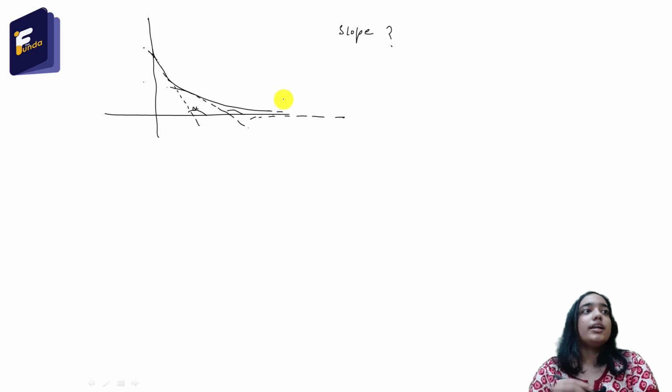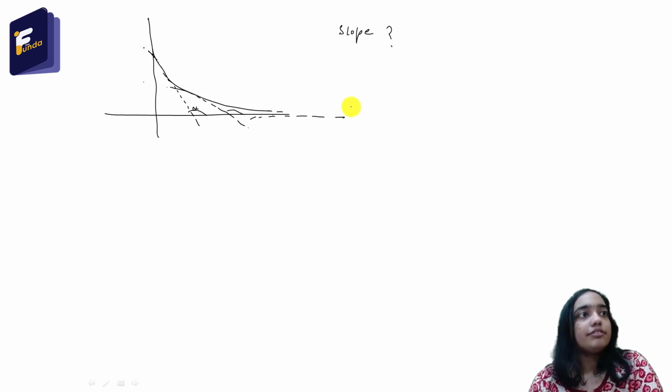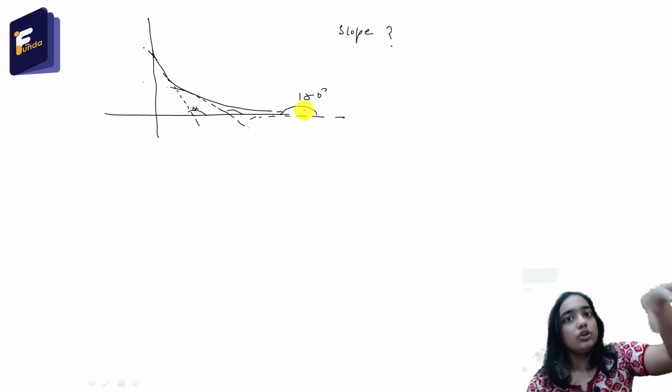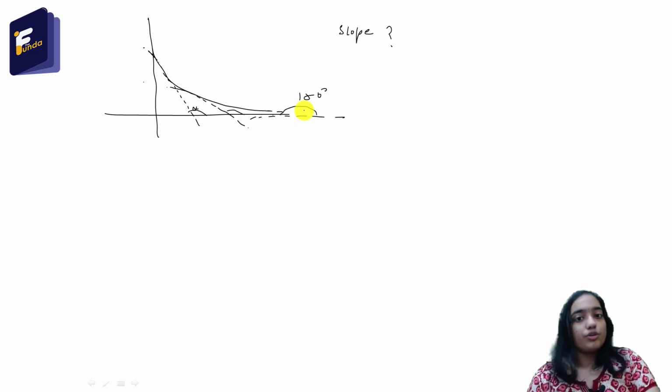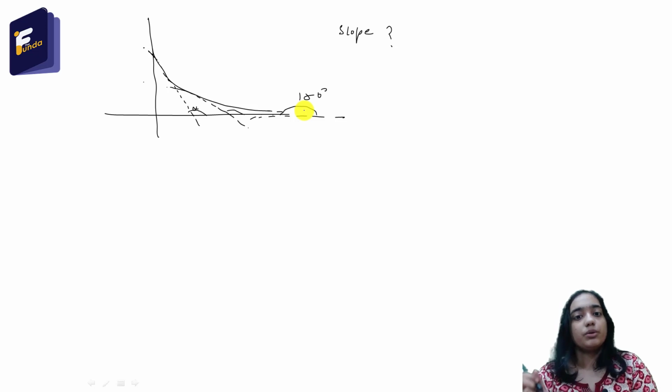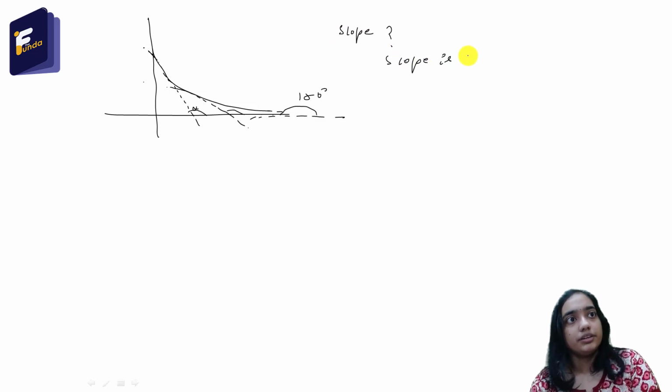Let's say it is 120 degrees, then it becomes 130 degrees, 140 degrees, and finally 180 degrees. That means the angle is moving from somewhere near 90 degrees towards 180 degrees. If the line moves from 90 degrees to 180 degrees, we know that the slope is decreasing. So here the slope is decreasing.